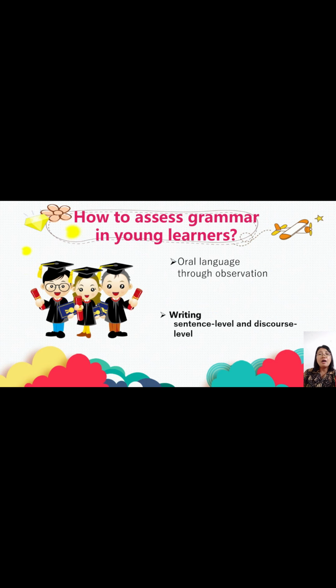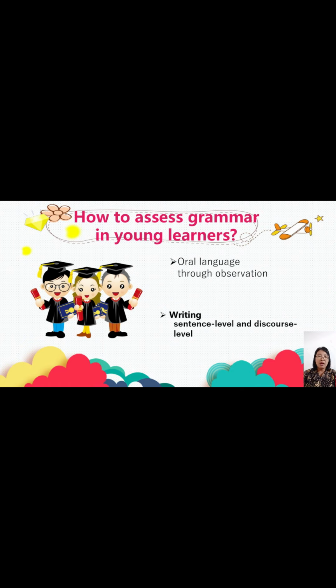And then how to assess grammar in young learners? Evaluation of grammar for young learners begins in spoken language and progresses, rather than focusing on writing assessment only, as children's language skills develop.